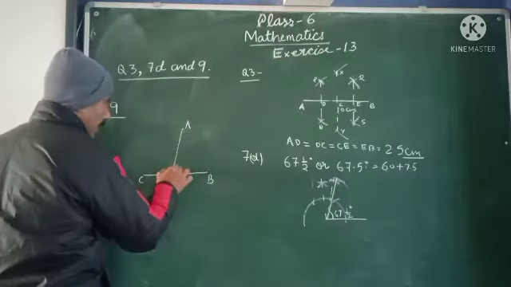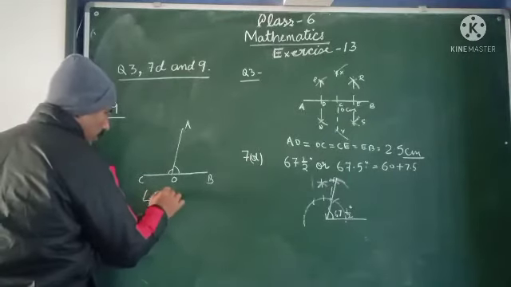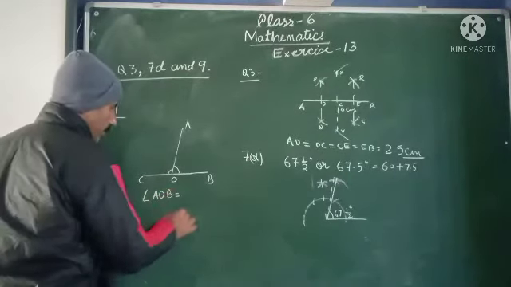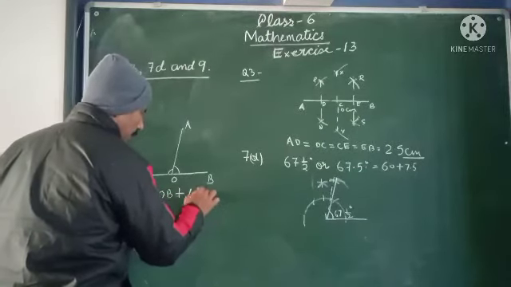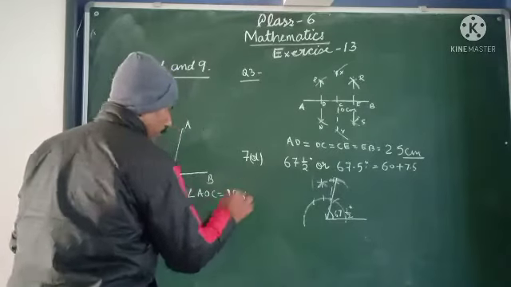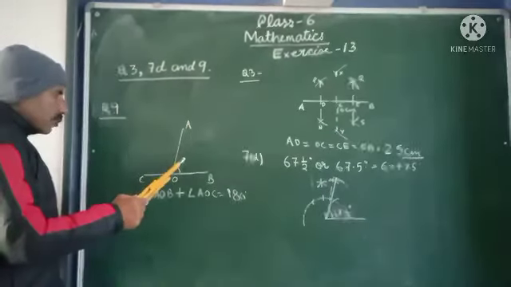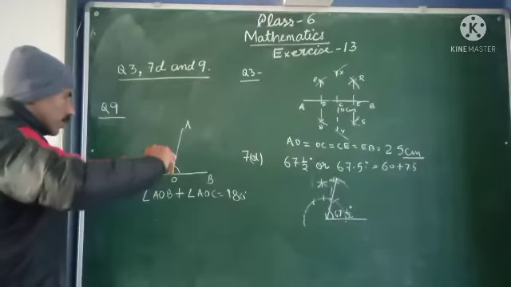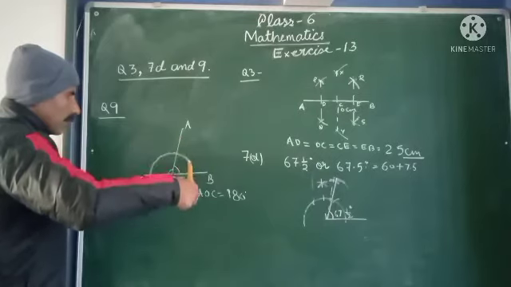So these two angles are a linear pair because their sum is 180 degrees. Now what do we have to do? We have to bisect these two angles. We have already learned how to bisect.